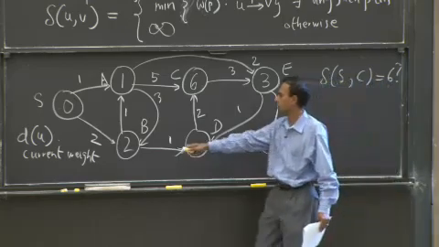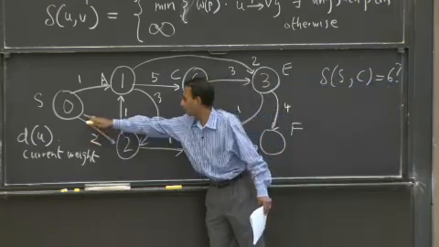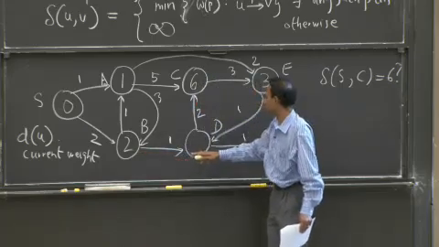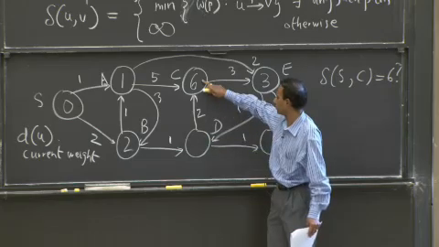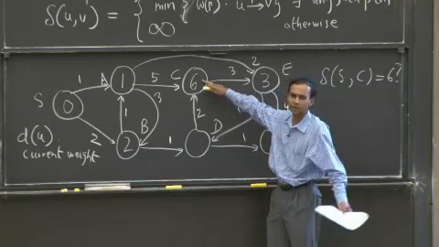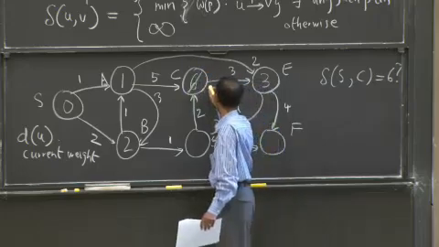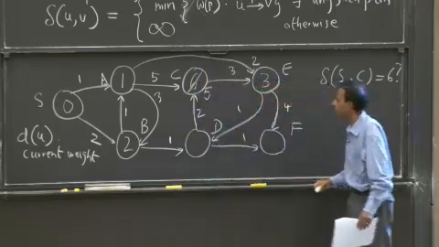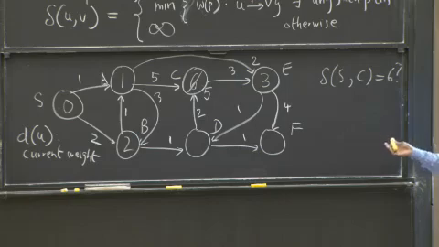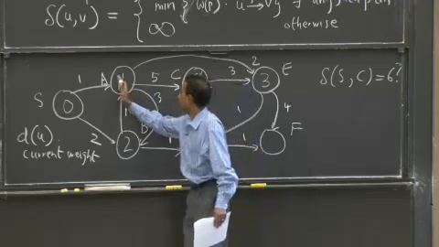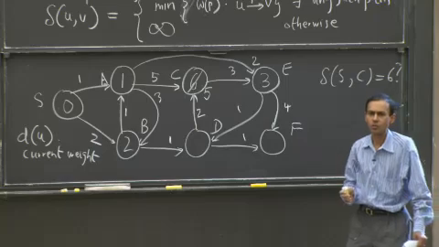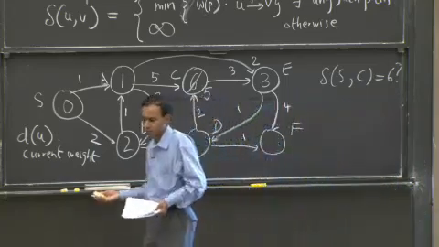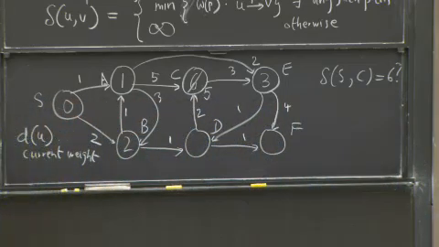One way is to go from S to B to D to C, right? And that would give me 5. Can I do better than 5? Not in this graph. So it's not the case that the shortest length path gave you the smallest weight. That was one example of that.